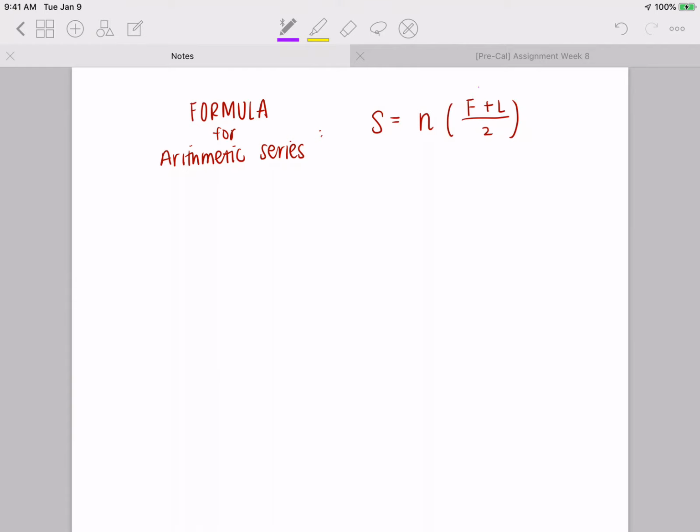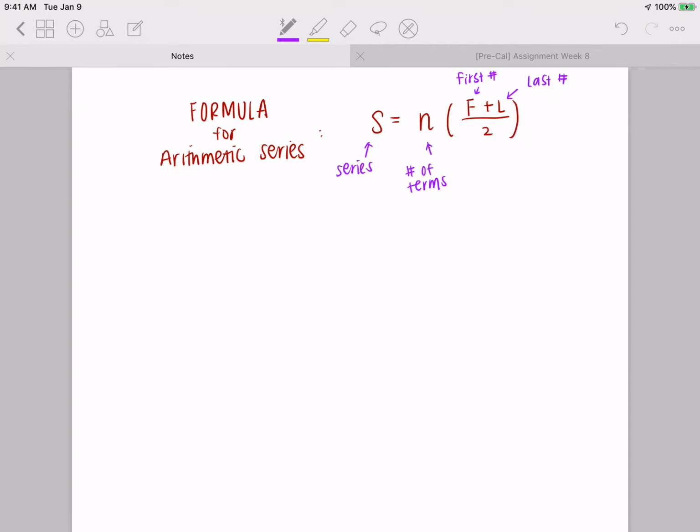And F is your first number, L is your last number, and N is the number of terms, however many numbers we have. And S, of course, is the series.